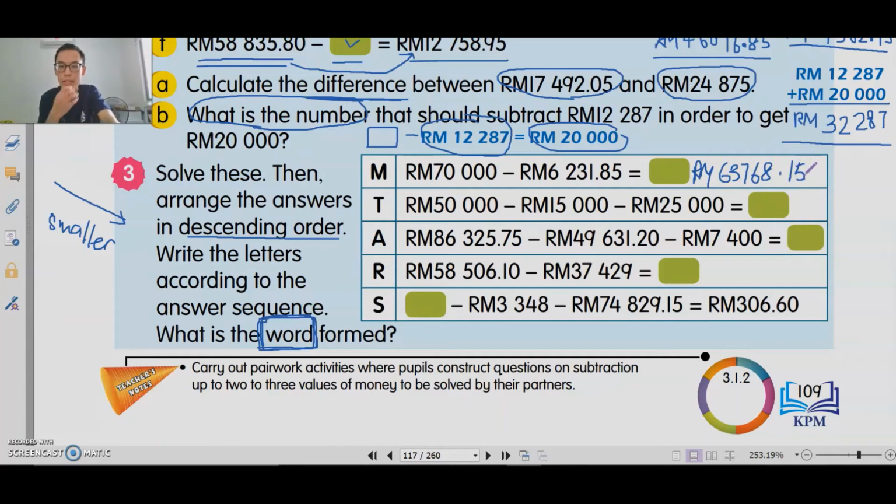Okay. For the second one, 50,000 minus 15,000 minus 25,000, you get 10,000.